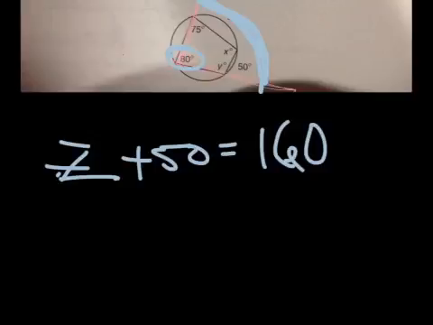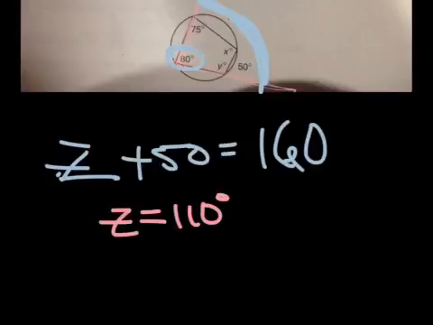It's not writing. So z plus 50 is 160, because it's got to be double what this angle is. So I can subtract 50 from both sides, and it's real easy then for me to get z equals 110 degrees. So that's what this is from here to here, is 110.